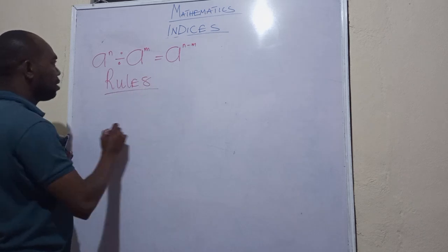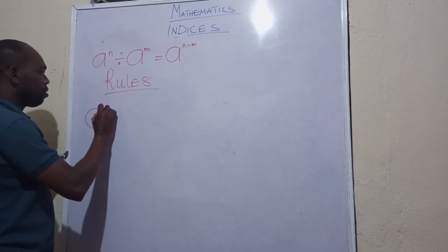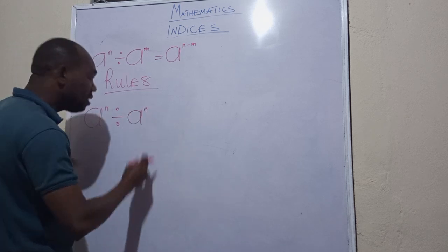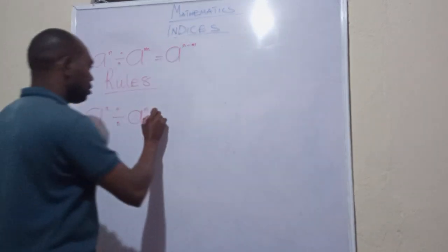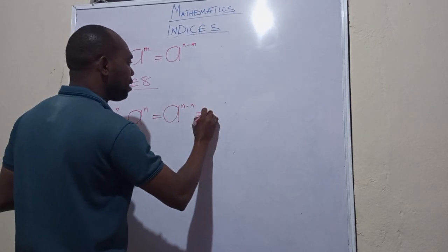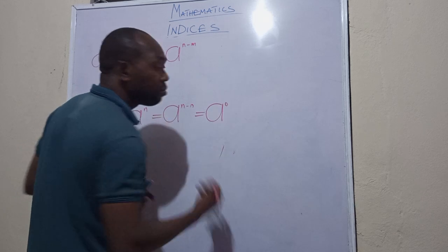Rule 8. Now, if we have a raised to the power of n divides a raised to the power of n again, that will lead us to a raised to the power of n minus n, and it's going to be a raised to the power of 0.